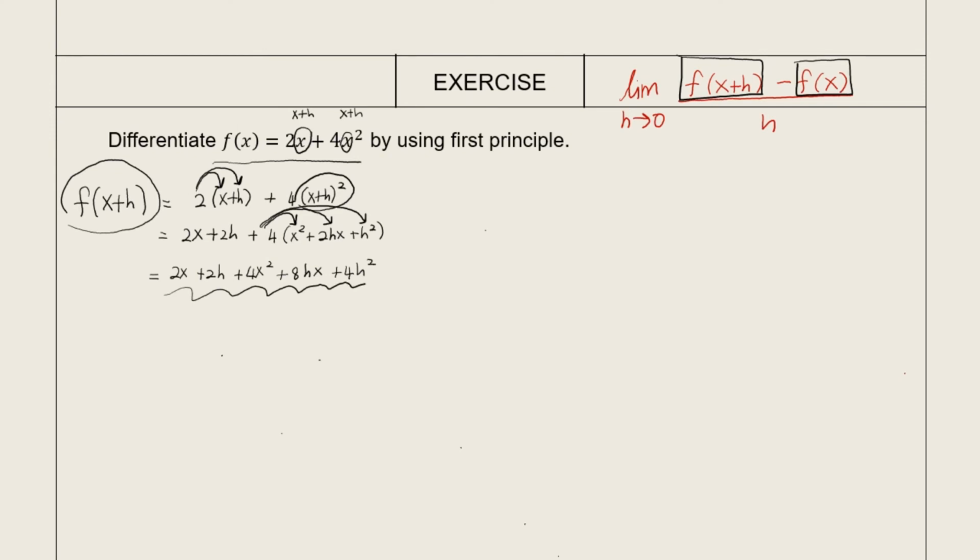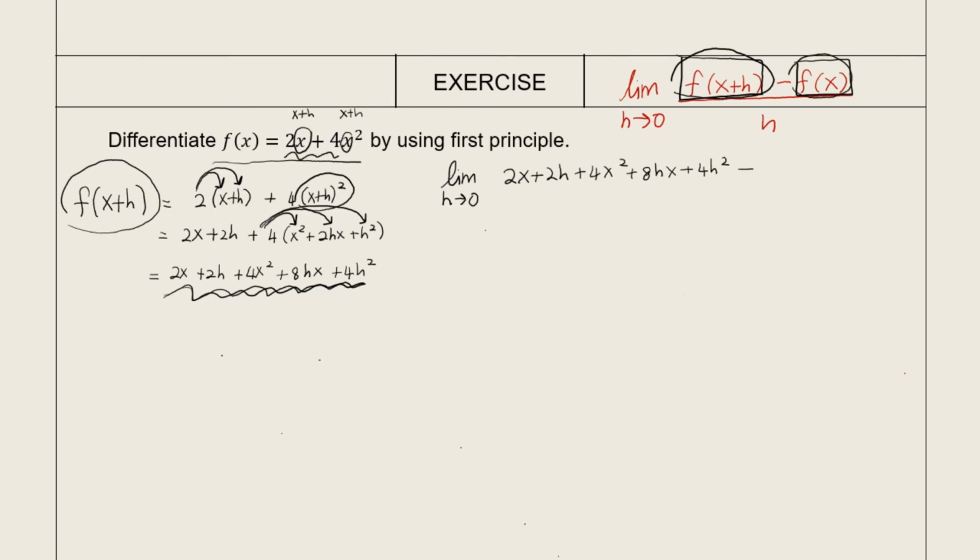Now we can use the formula of first principle of differentiation. So let's use the formula. We have to find the limit of h approaching 0. For f(x + h), you need to copy all the function here. So you have 2x plus 2h plus 4x squared plus 8hx plus 4h squared, minus your f(x).